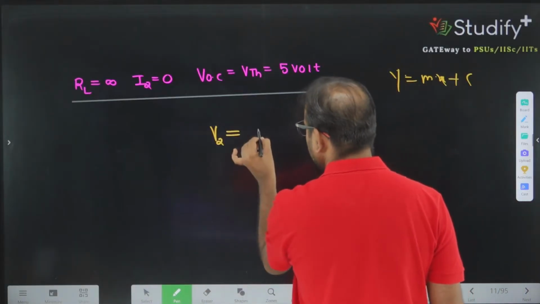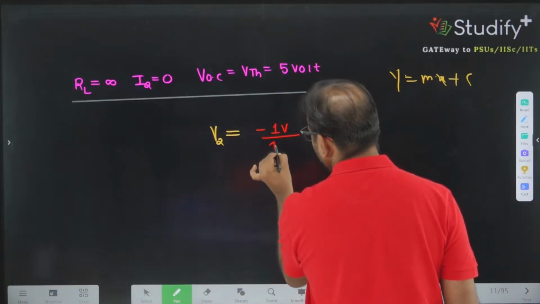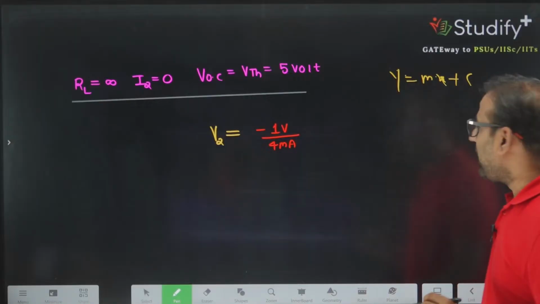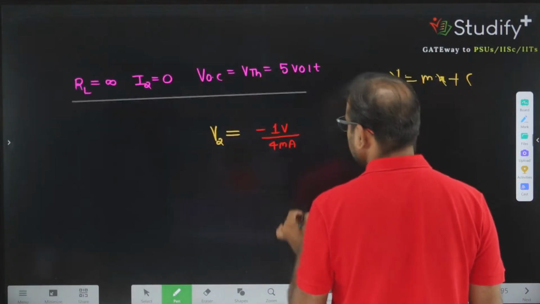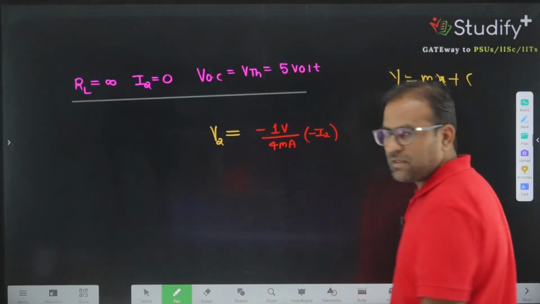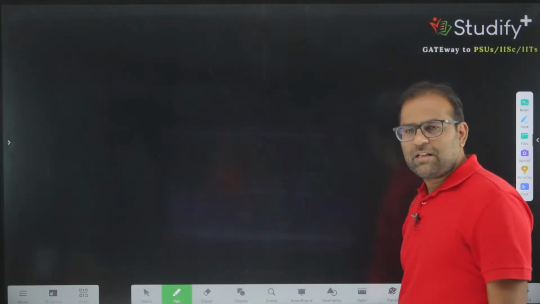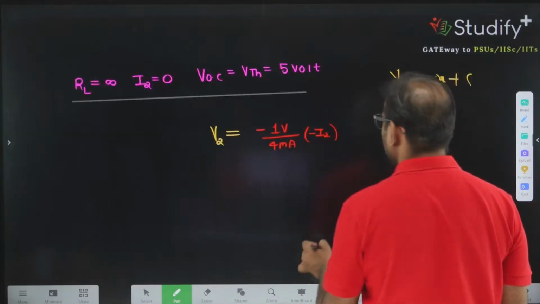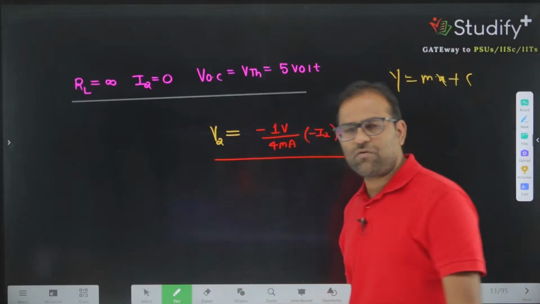This is minus 1 volt divided by 4 milliampere. So y equal to m into x. What is the x-axis? The x-axis is given by minus I2. Correct? y equal to mx plus c. What does c represent? c represents the intersection on the y-axis, and that value is given as 5. This is the equation of the given graph.